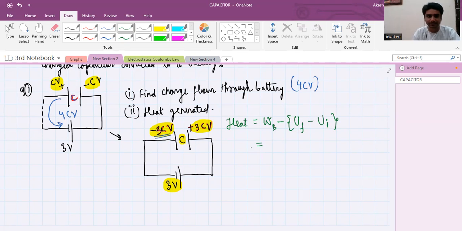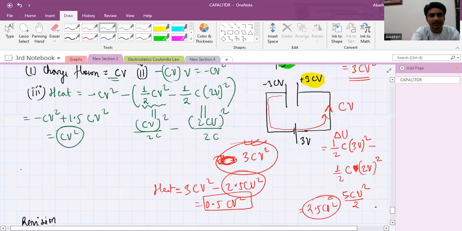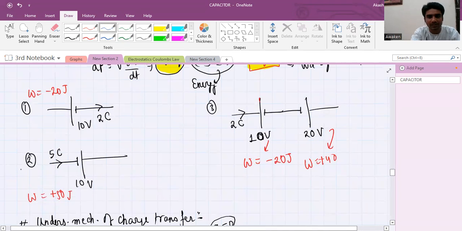We had discussed this. Don't remember? We had discussed lots of questions. See, in question number 2, 5 coulomb charge is flowing through a battery of 10 volt. So what was the work done by the battery? Plus 50.